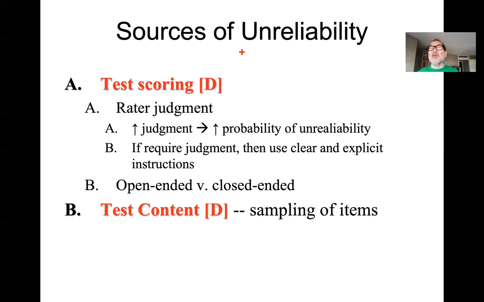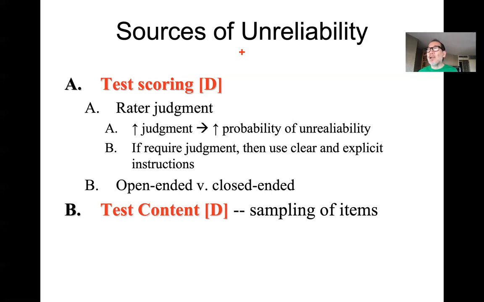Another thing that can contribute to reducing reliability concerns the test content. We'll get into this a little further. What is the test content? Generally, for now, it suffices to think of that as the nature of the items, the questions, how they're worded, and so on.